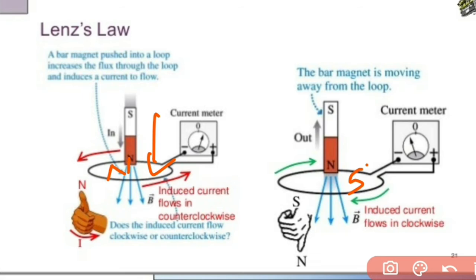For south pole to be induced on the upper side, the current should flow in clockwise direction. So the current flowing in the wire loop will be in clockwise direction.